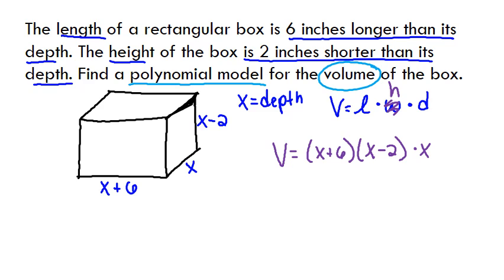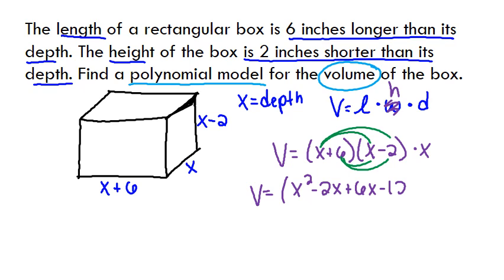So if we want to find a nice polynomial model, we're going to expand this expression by multiplying them together. I'm going to multiply my first two binomials together first. So I'm just going to show my little multiplication lines here. So I'm going to get that the volume is equal to x squared minus 2x plus 6x minus 12, all of course times x there on the end.